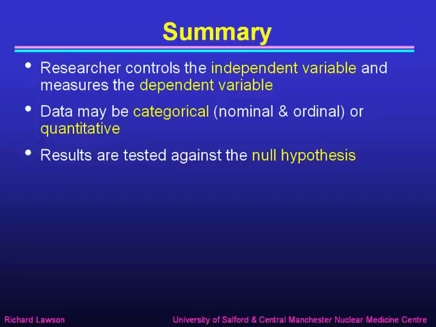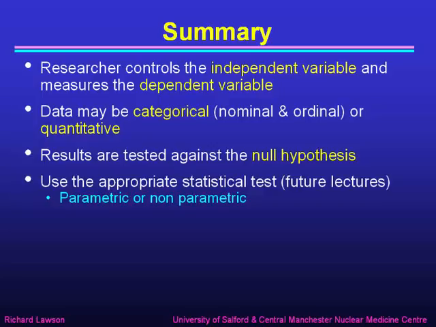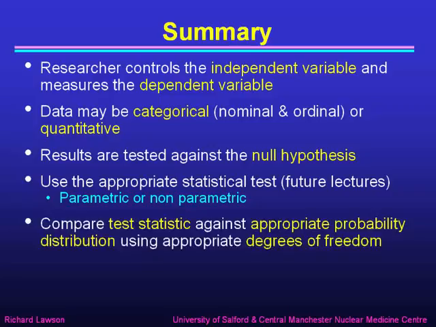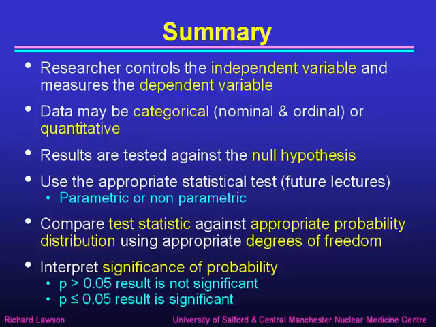And we get results which are tested against the null hypothesis. And then we use the appropriate statistical tests, which we'll describe in future lectures, and they may be parametric or non-parametric tests. And we obtain a test statistic which we compare against the appropriate probability distribution using the appropriate number of degrees of freedom, and then interpret the significance of that probability.